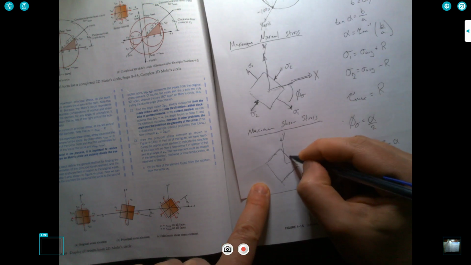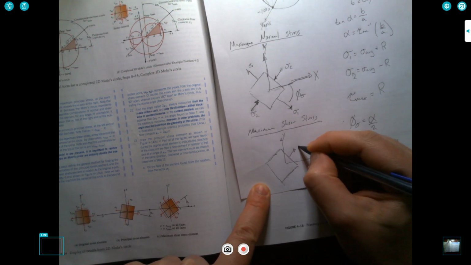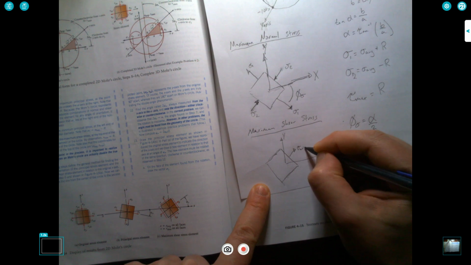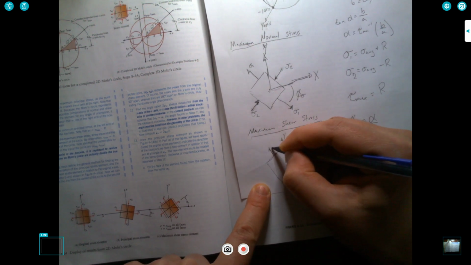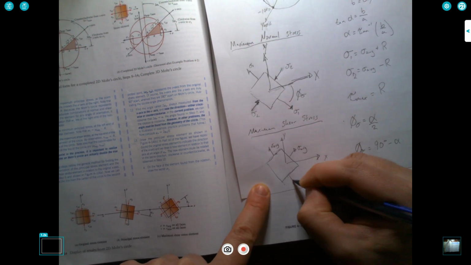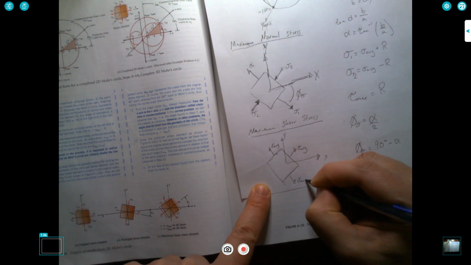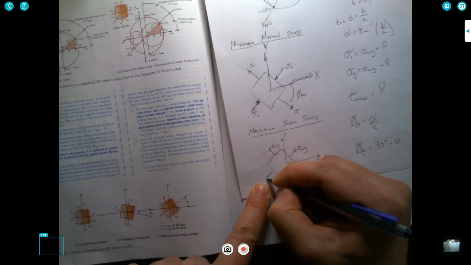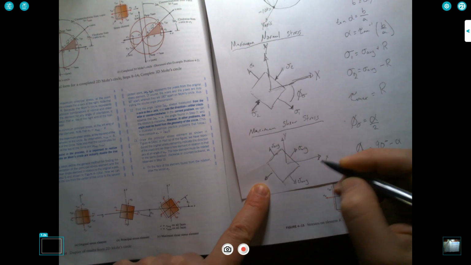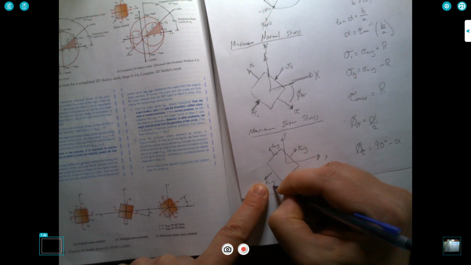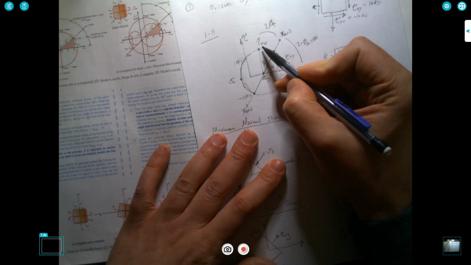So our maximum shear stress angle puts us at a sigma average normal stress. It's all sigma average. And our shear is positive, right?